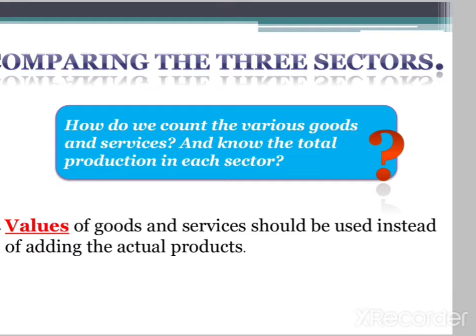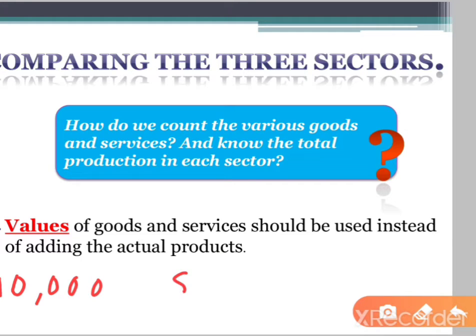Now what do we mean by the term values? Let's take for example, 10,000 kgs of wheat needs to be sold at the rate of rupees 8 per kg. So the value of this 10,000 kg of wheat is going to be rupees 80,000.